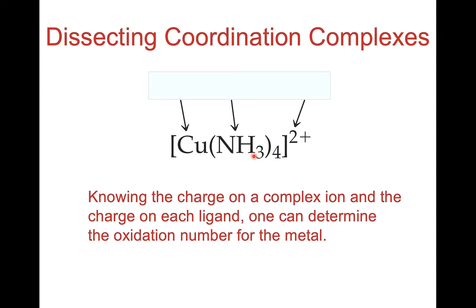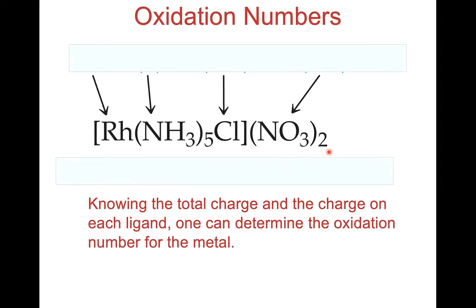NH3 is a neutral molecule. There's 4 of those, so 4 times 0. There's no charge at all from the ligands in this case, and so all of the charge, the entire 2+, comes from the metal center. And we'll always work them out in this way. Knowing the total charge and the charge on each ligand, one can determine the oxidation state of the metal always.